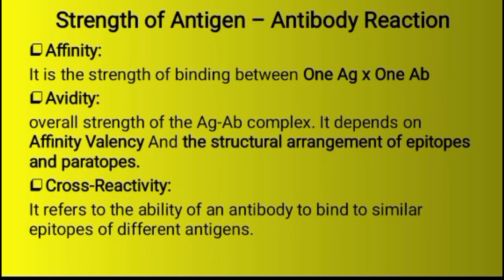Valency means how many antibodies are binding with how many antigens. There is a situation where there are a lot of antigens but a smaller number of antibodies, or vice versa, a situation where there is a high number of antibodies but a smaller number of antigens.